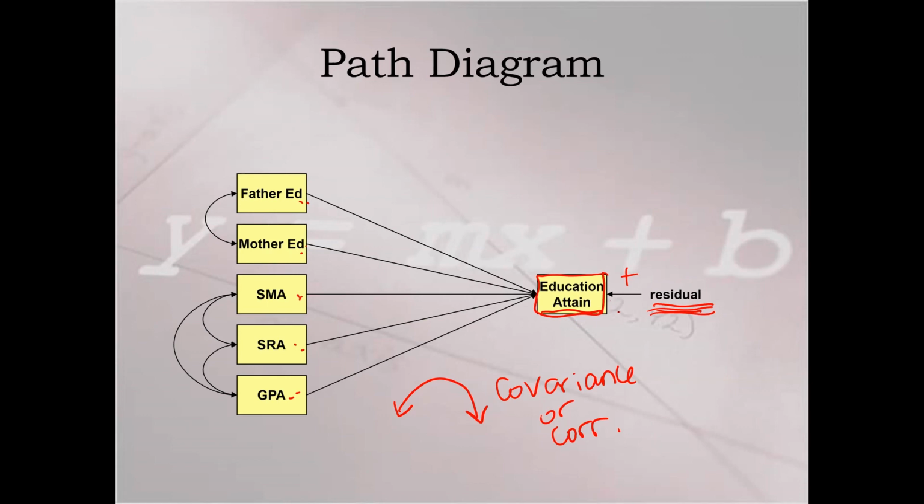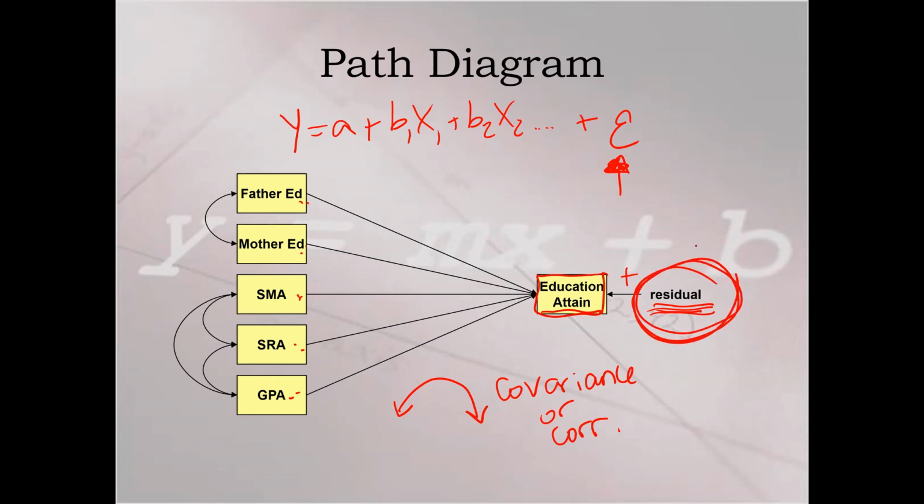And in fact, when you first drew linear regression equations outside of R, you should have learned that Y is our good old linear regression equation plus an error term. Did you guys learn all about that? Good. So the error term that is part of the real Y scores is being modeled here in this residual in our path diagram.